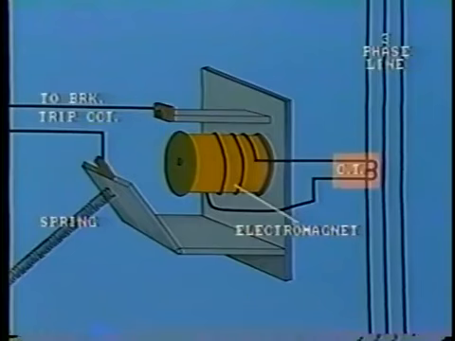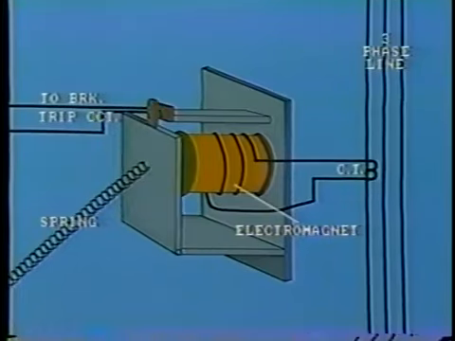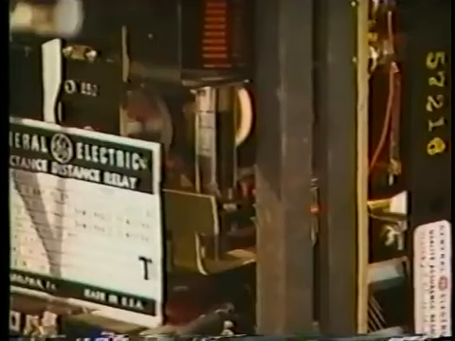If the current input to the relay is above the preset pickup level, then the relay contacts will close and so energize the tripping circuit. The pickup level can be adjusted by selecting taps on the coil and also by adjusting spring tension. Here's another type of instantaneous overcurrent relay, the plunger type.